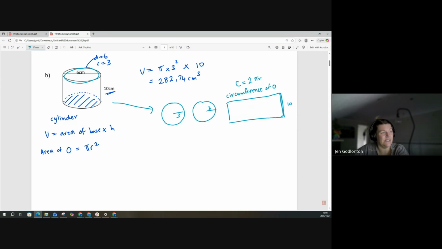So you need to work out the area of these 2 circles. And then you need to work out the area of this rectangle. And you're going to add those all together.